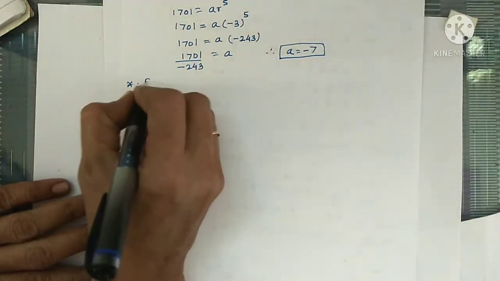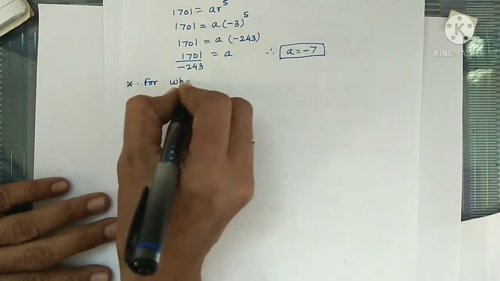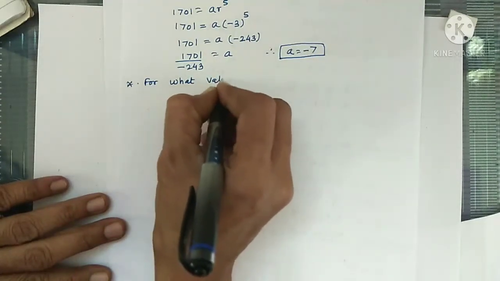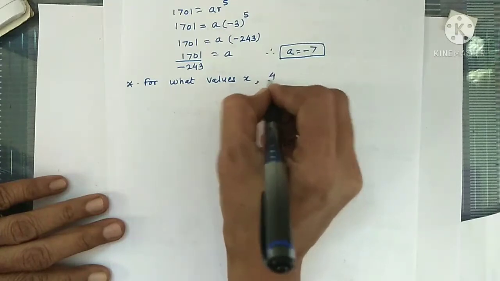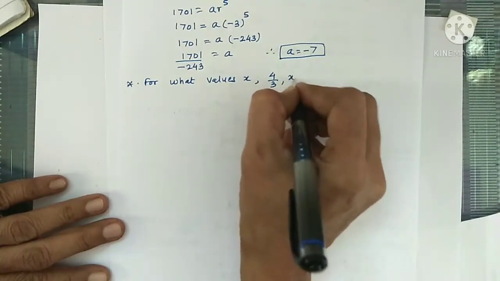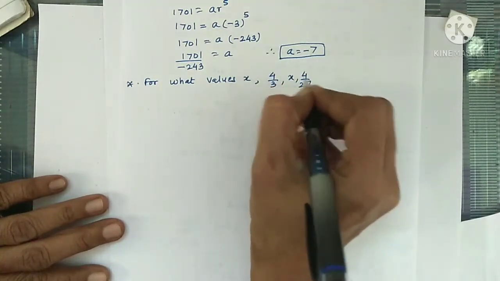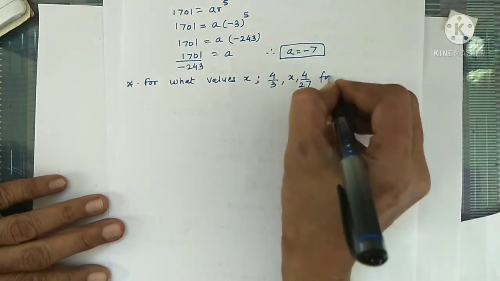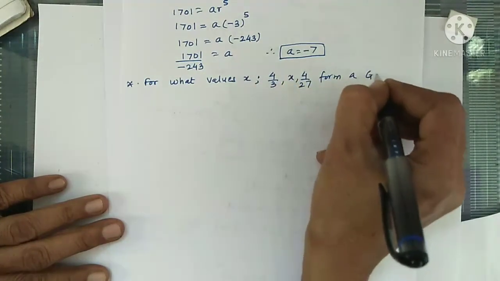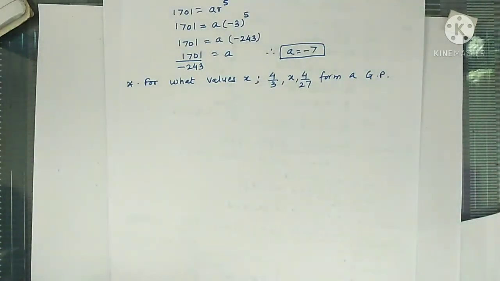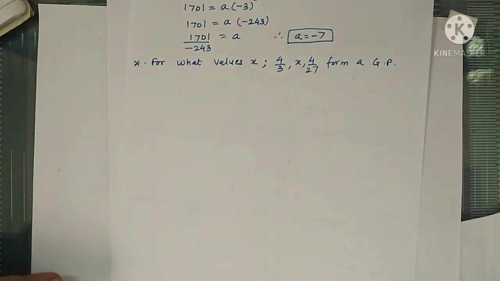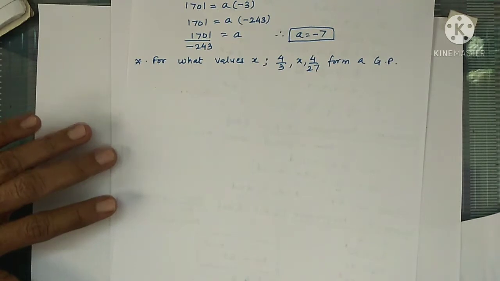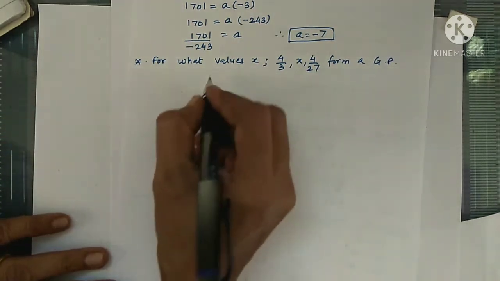Next question is: for what values of x do the numbers 4 by 3, x and 4 by 27 form a GP? See, three numbers are given in geometric progression. Geometric progression means the ratio of consecutive terms is constant. That means second term divided by first term equals third term divided by second term.